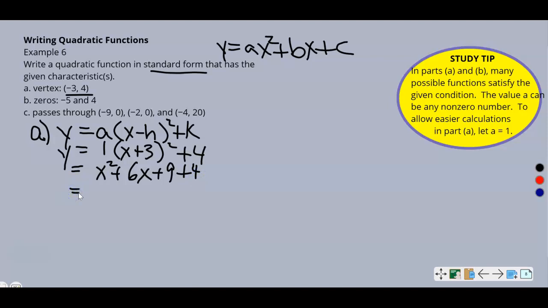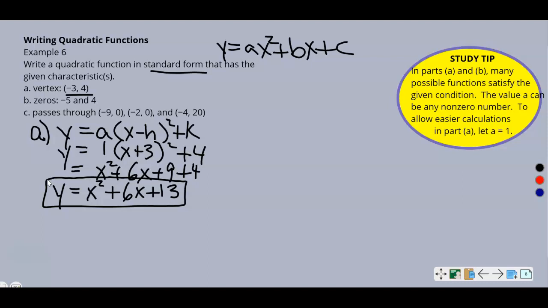That's a huge thing on the ACT. So x² + 6x + 9 + 4, and 9 plus 4 is 13. Now it's in standard form. So part A is x² + 6x + 13. We wrote that given the vertex.